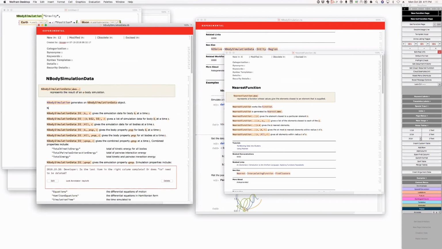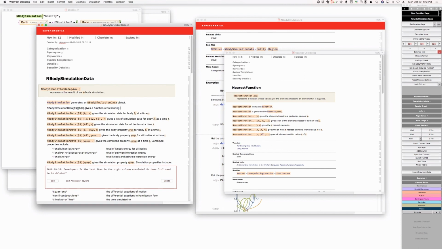Okay, so then what we've got to say is n-body simulation data of b sub i gives a function representing the position. Is it correct? Representing the position? No, it gives all the state properties.